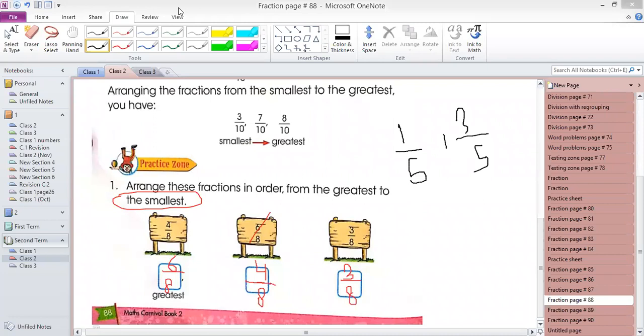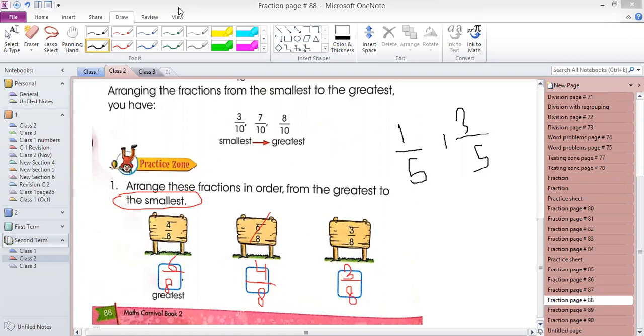All right, guys, this is the end of our class. What you have to remember is how to compare fractions. If their denominators are the same, you will compare their numerators, the numbers on the top. If they are bigger, the fraction is bigger. If they are smaller, the fraction is smaller.